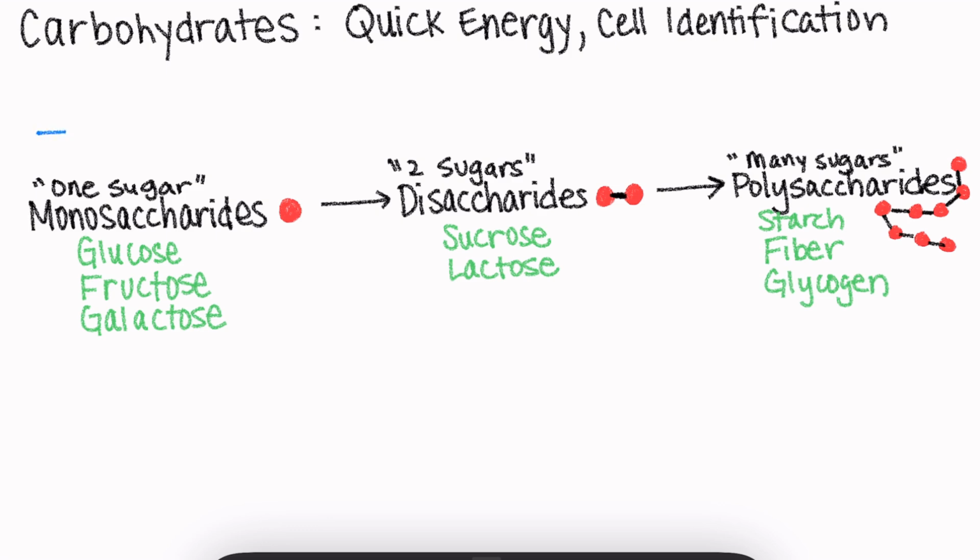The building of these polysaccharides is considered an anabolic process, so it's building, and it uses dehydration synthesis.